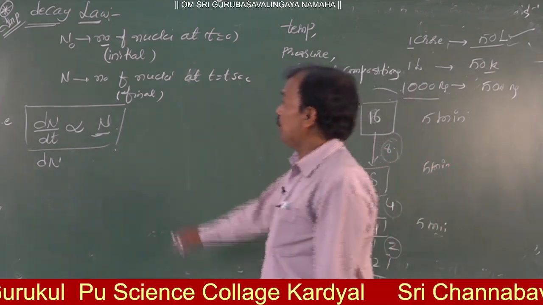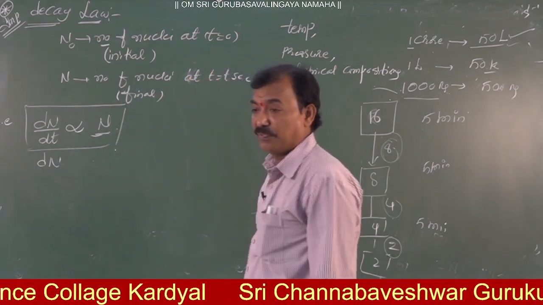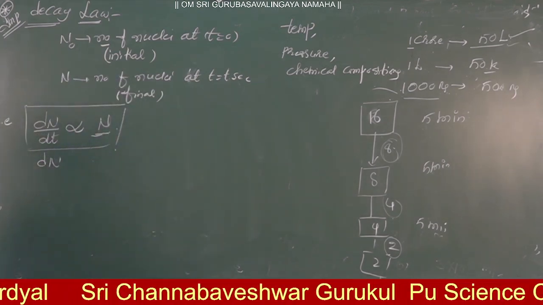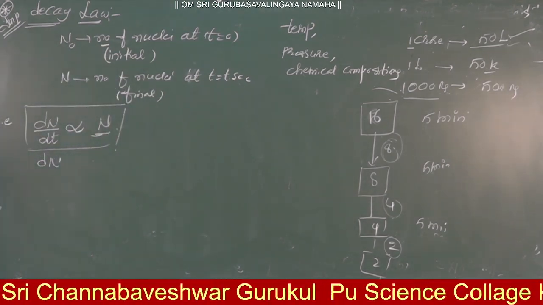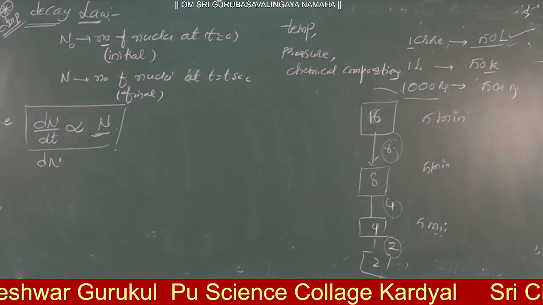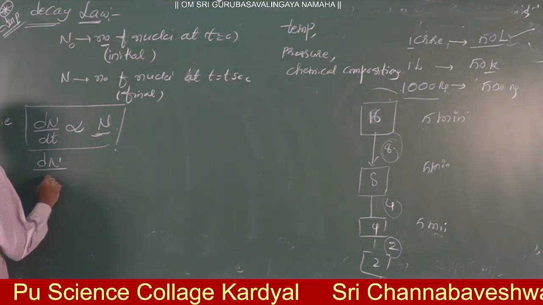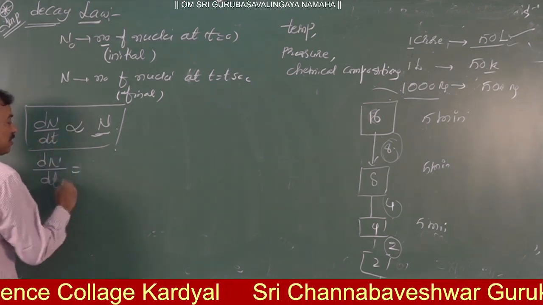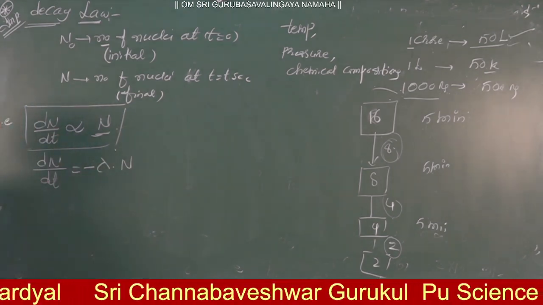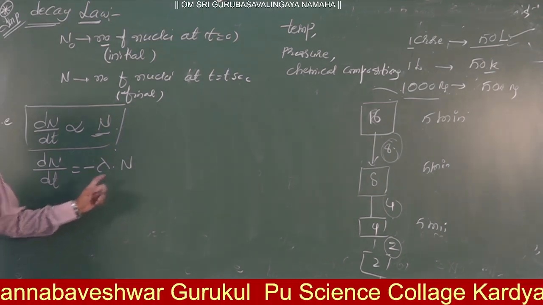Next, capital N is the number of nuclei at t equal to t seconds. Now, dN by dt with a constant is equal to lambda into N. Here lambda is not wavelength, it is one more symbol: lambda is the decay constant.